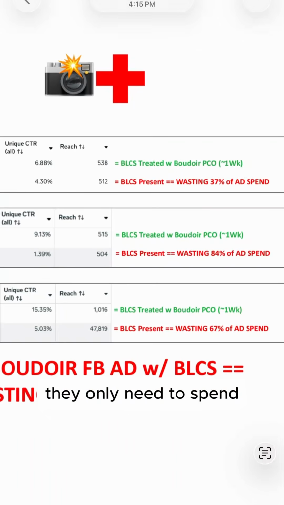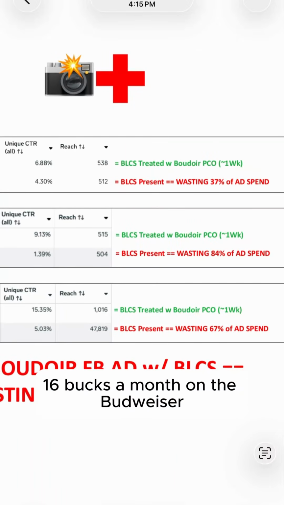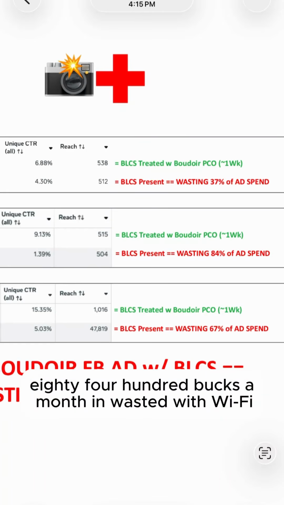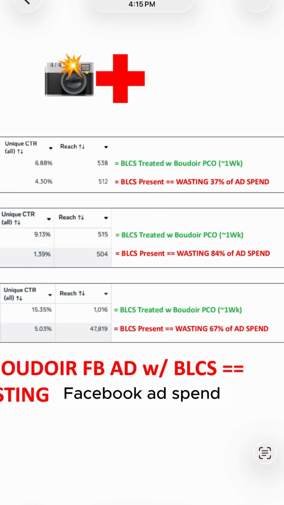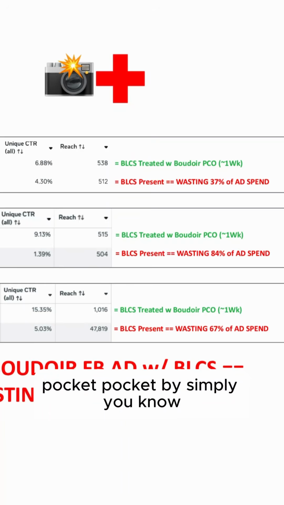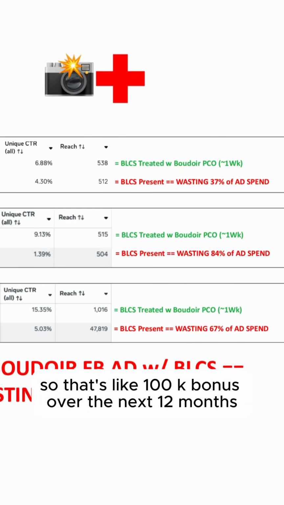Now they only need to spend 1,600 bucks a month on the Boudoir Pico treated ad, and they get their ad into the same number of women's brains in both scenarios. So they eliminate 8,400 bucks a month in wasted Boudoir Facebook ad spend, and they actually pocket that, 8,400 bucks a month, by simply not spending it. So it's like a 100K bonus over the next 12 months.